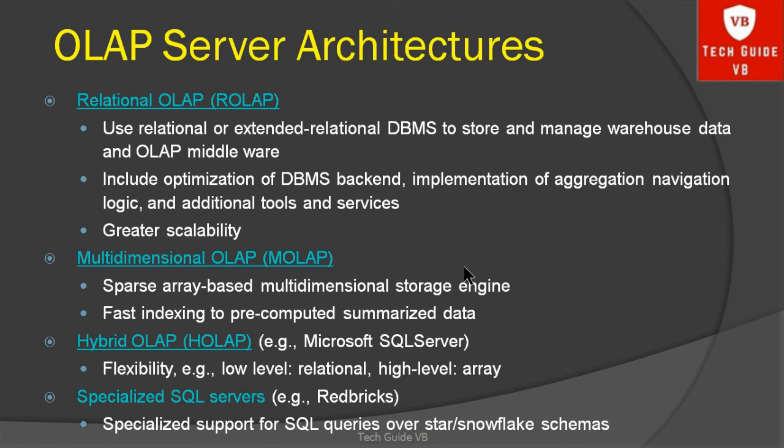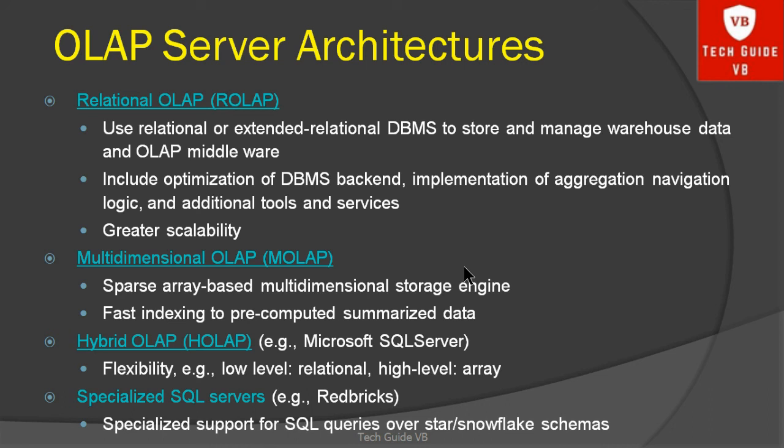Third is the hybrid OLAP, or we can say the combination of the above architectures, for example Microsoft SQL Server. It has the flexibility of low level relational databases and high level arrays. So this is very important if we have a hybrid architecture.